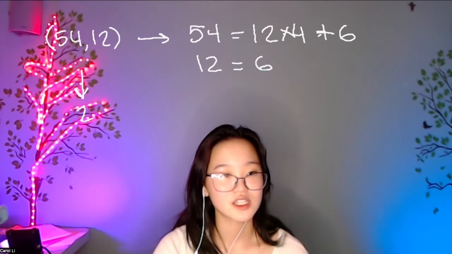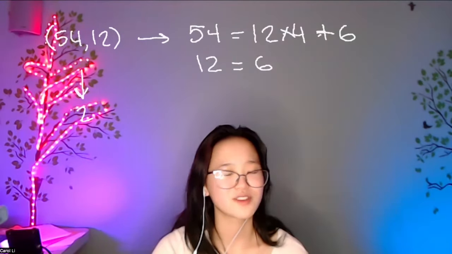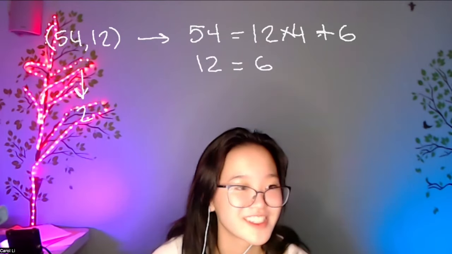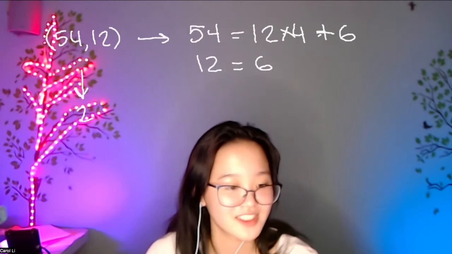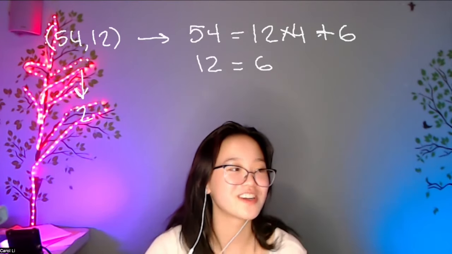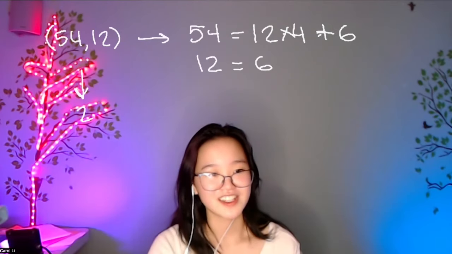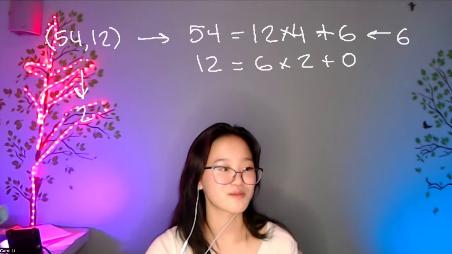Oh wait, I messed up, this is not the right example, but it's okay. We can do a different one. So we get 6 times 2 plus 0, so the greatest common divisor is 6.